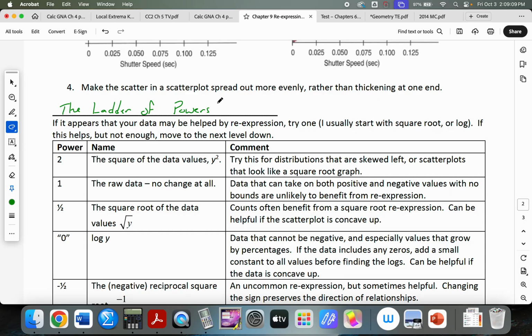So if it appears that your data may be helped by re-expression, try one. And here's the problem, is that this doesn't get tested directly on the AP exam very often.